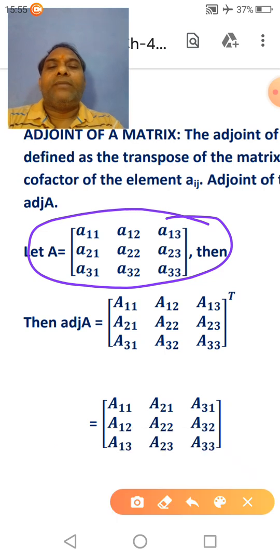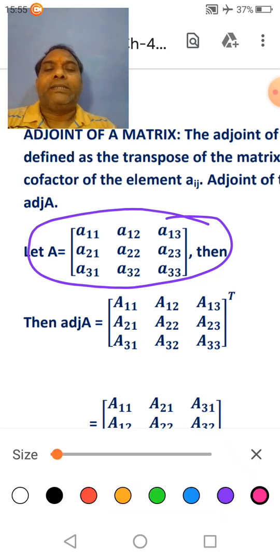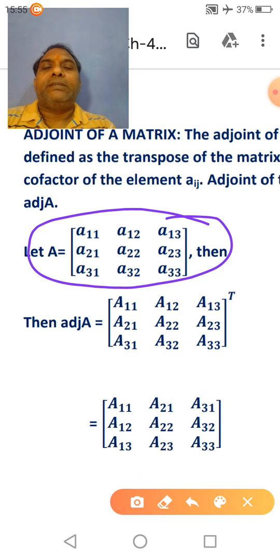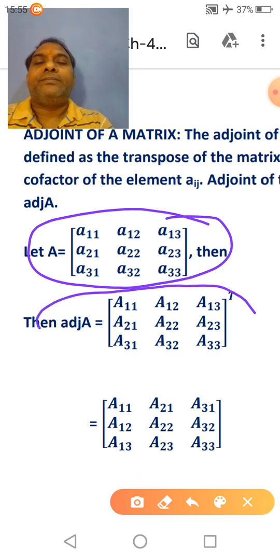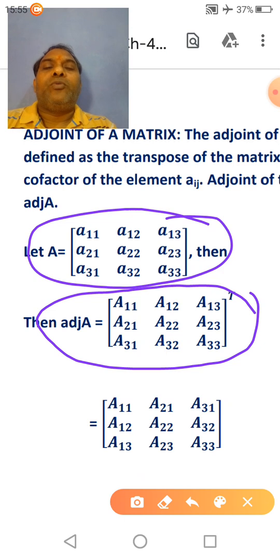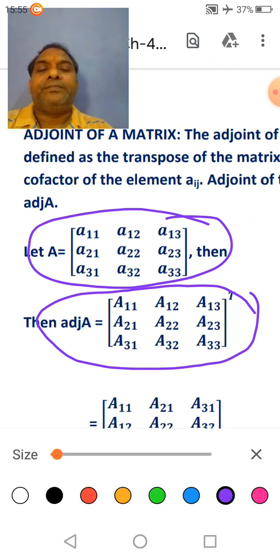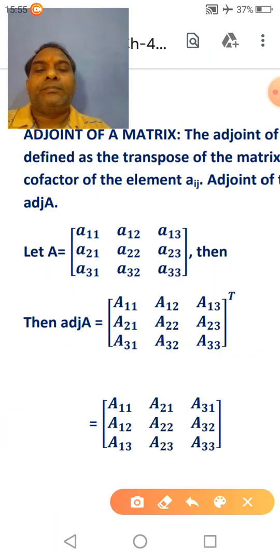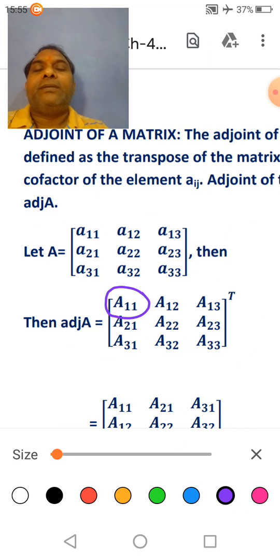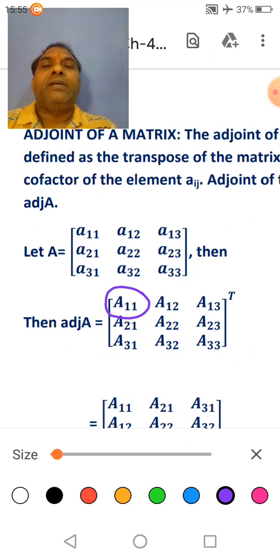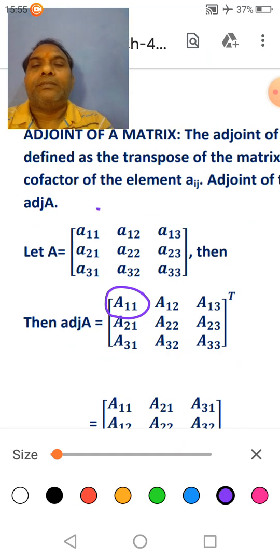Then according to the definition, the adjoint of the matrix will be equal to the transpose of the matrix of capital A11, A12, A13, A21, A22, A23, A31, A32 and A33, where capital A11 is the cofactor of element A11. Clear?